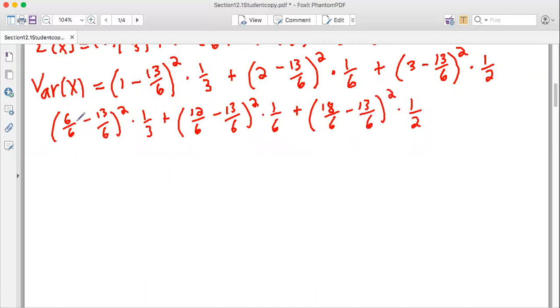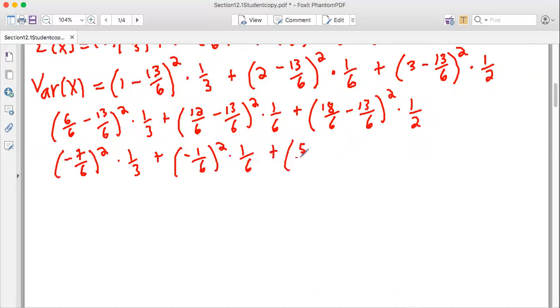Now, if I do the subtraction, 6 minus 13 gives me negative 7 over 6, I square it and multiply by 1/3. 12 minus 13 gives me negative 1 over 6, I square it and multiply by 1/6. And 18 minus 13 gives me 5 over 6, I square it and multiply by 1/2. And now I can go ahead and square.